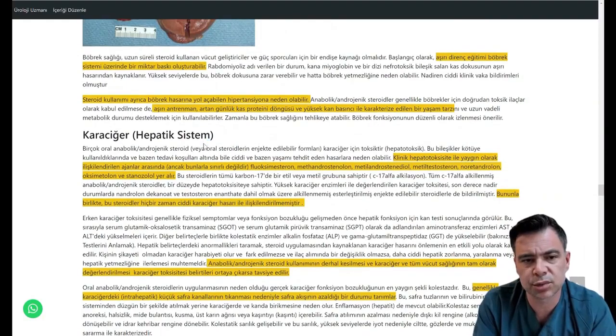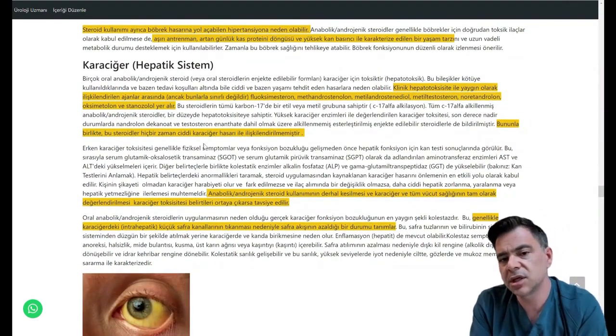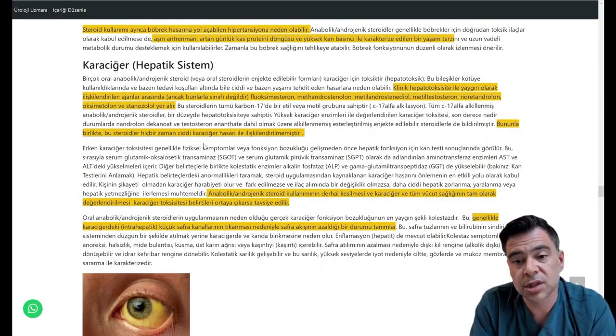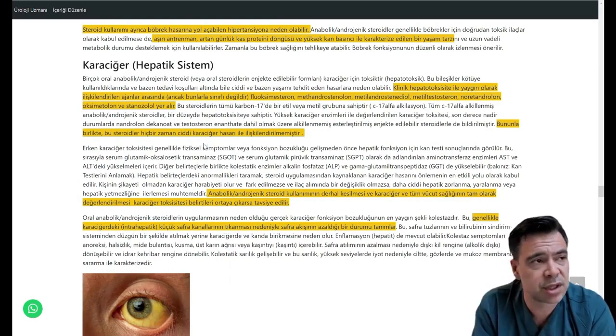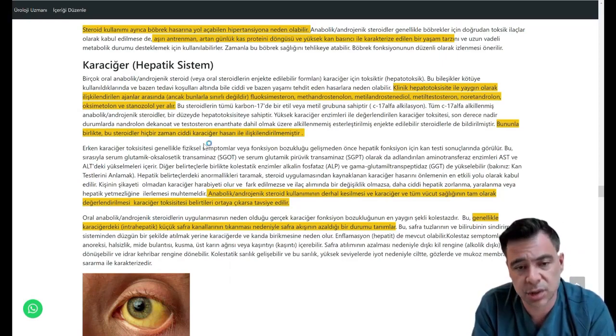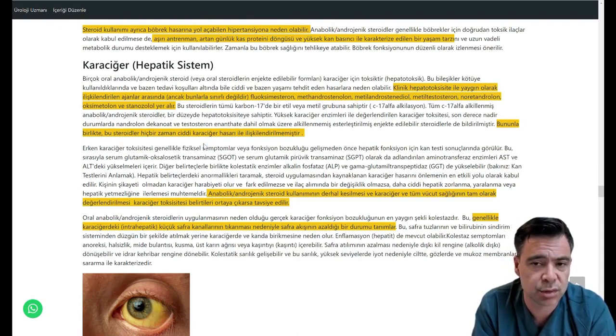Regarding the liver system, anabolic steroids can cause jaundice. It can cause an adenoma in the liver. This is usually done by oral anabolic steroids that are alkylated at the 17th carbon. Frankly, I haven't come across many, but there are many case reports in the literature on this subject.